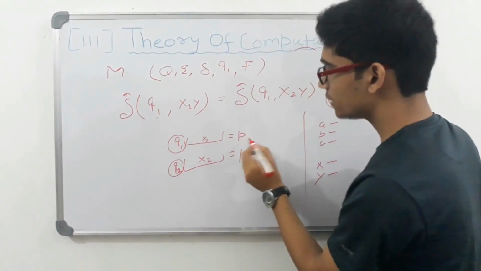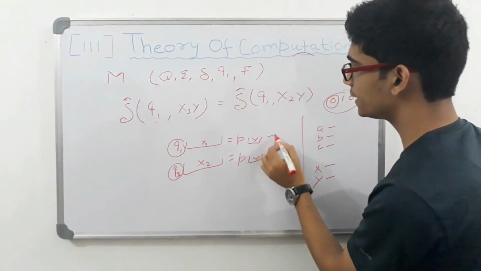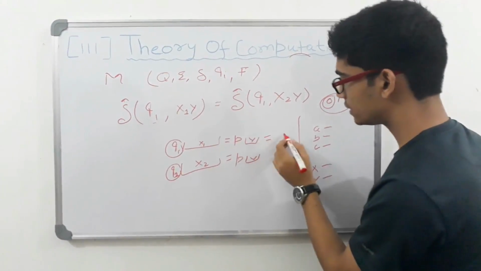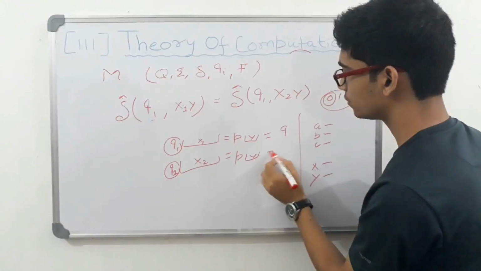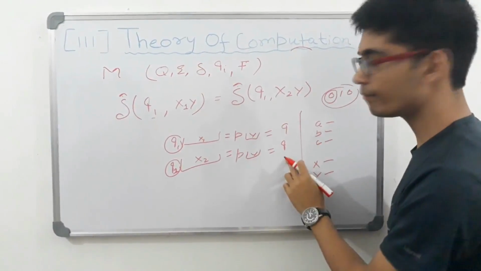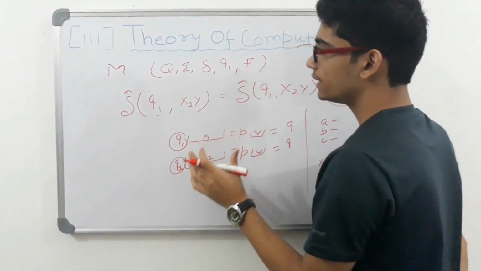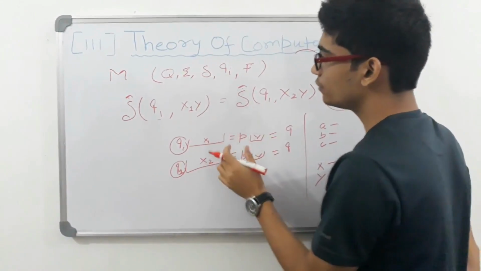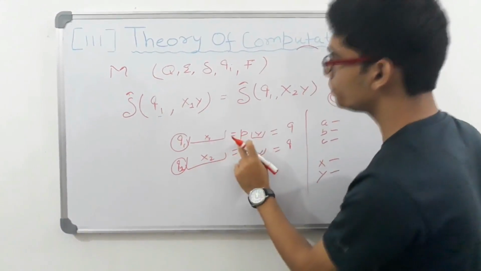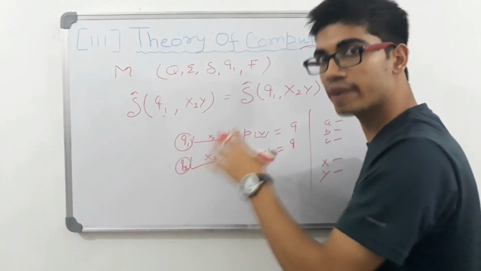Now at state P, when we scan Y, obviously we'll get the same state, say Q. So yes, both these are equal, but this finite state automaton will not be able to tell you which string took me to P, whether X1 or X2. It cannot remember in its finite head.